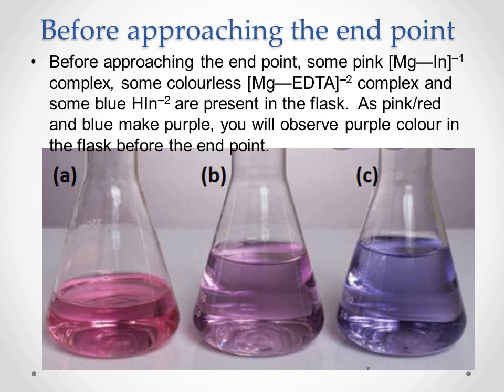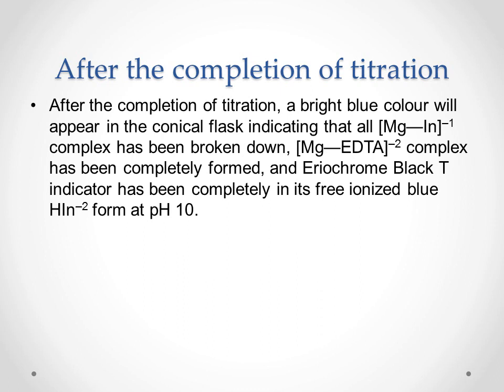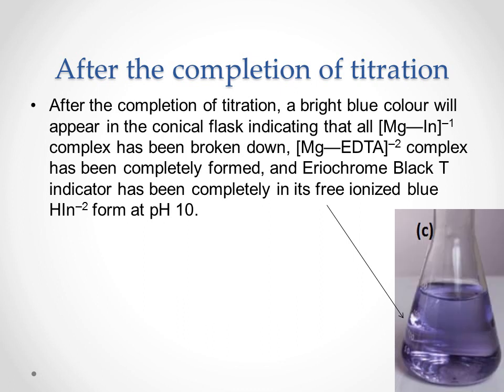At the end, you will observe purple color in the flask before the endpoint, and after the endpoint has been achieved, after the completion of titration, a bright blue color will appear in the conical flask, as you can see in the picture below, indicating that all the magnesium indicator complex have been broken down.